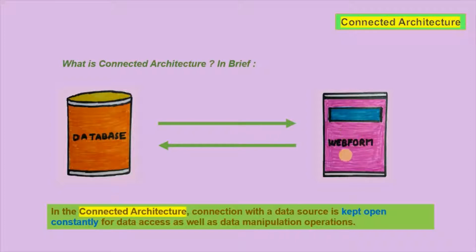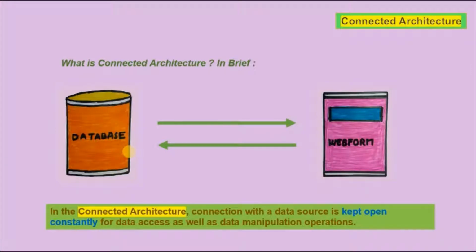So for data access, connection requires open, and if we are performing DML operations, that is we are inserting new records or updating existing records or deleting existing records, at that time also connection must be open.